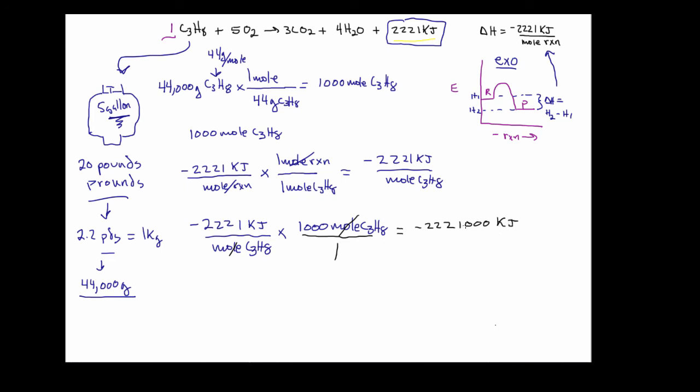That's a comma, and here's a comma. So it's 2,221,000 kilojoules of heat energy available in a 5-gallon tank of propane. That's actually a lot of steaks.